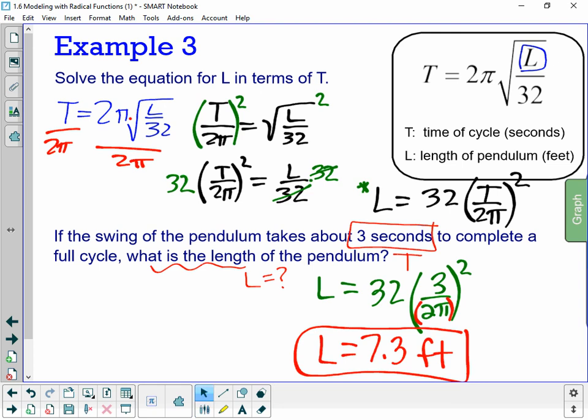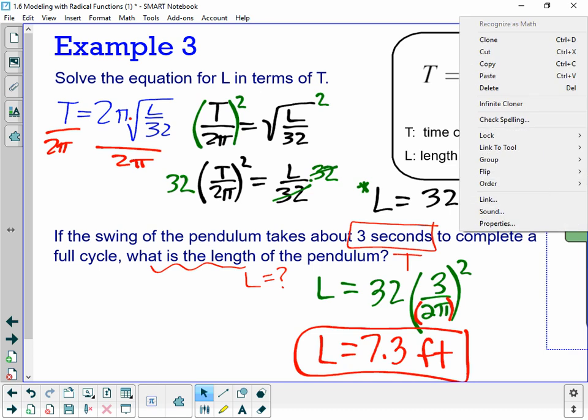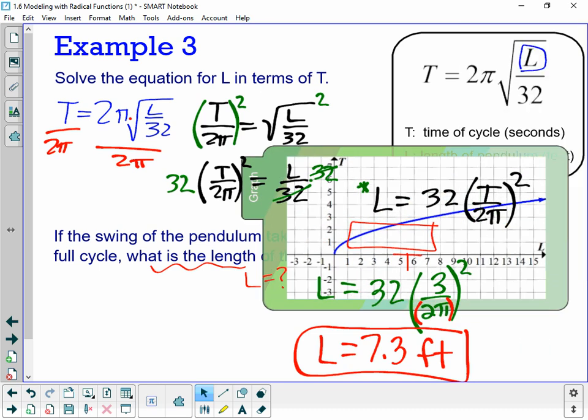So if you had a pendulum that was 7.3 feet, if you swung it back and forth, it would take 3 seconds to complete one cycle.